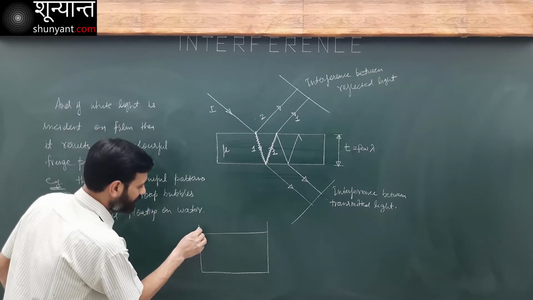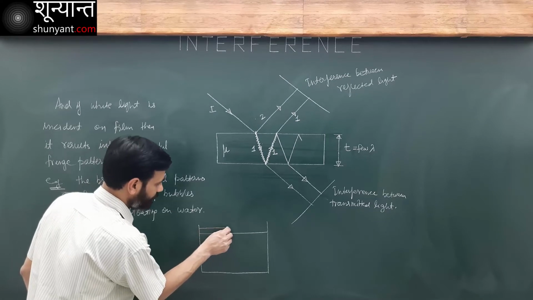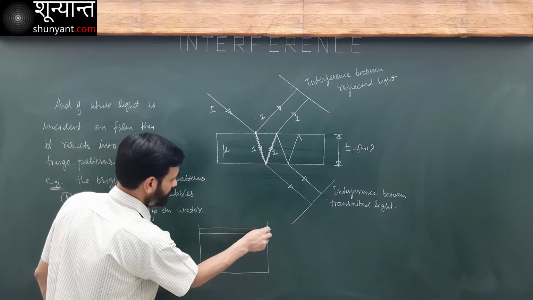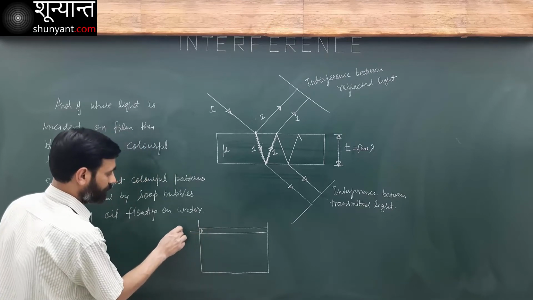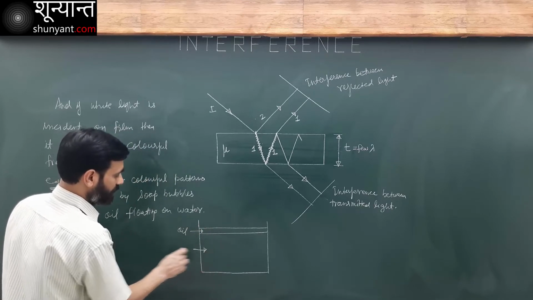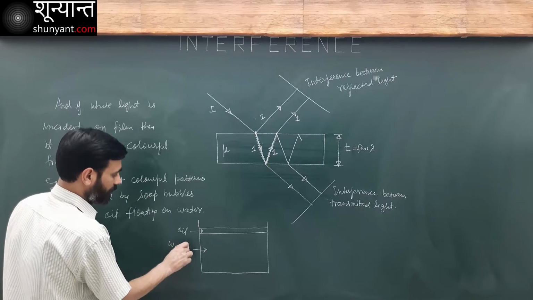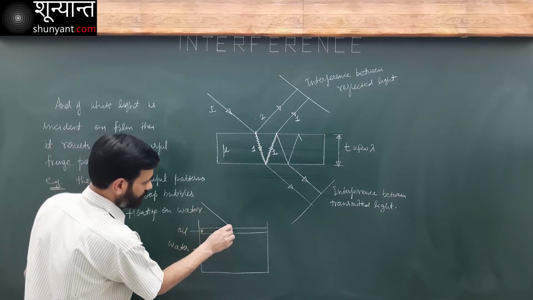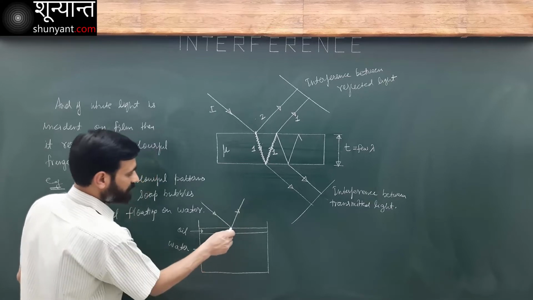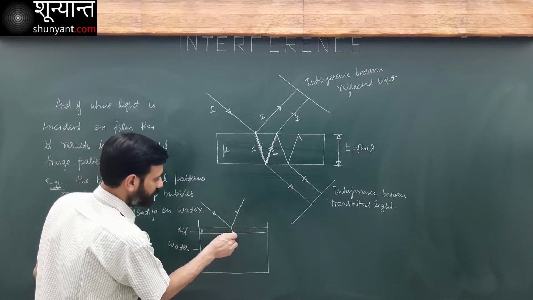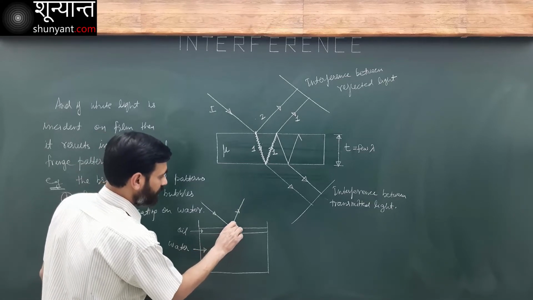So I have this thin surface of oil, this is oil, and this is water. And light is incident like this, let's say. Now some part is immediately reflected, and some other part is first transmitted, then reflected, and then it comes out.